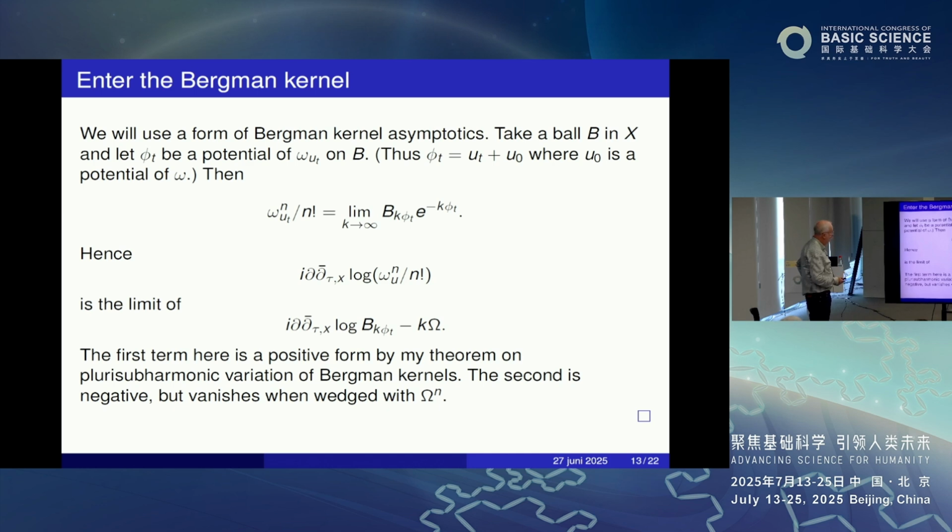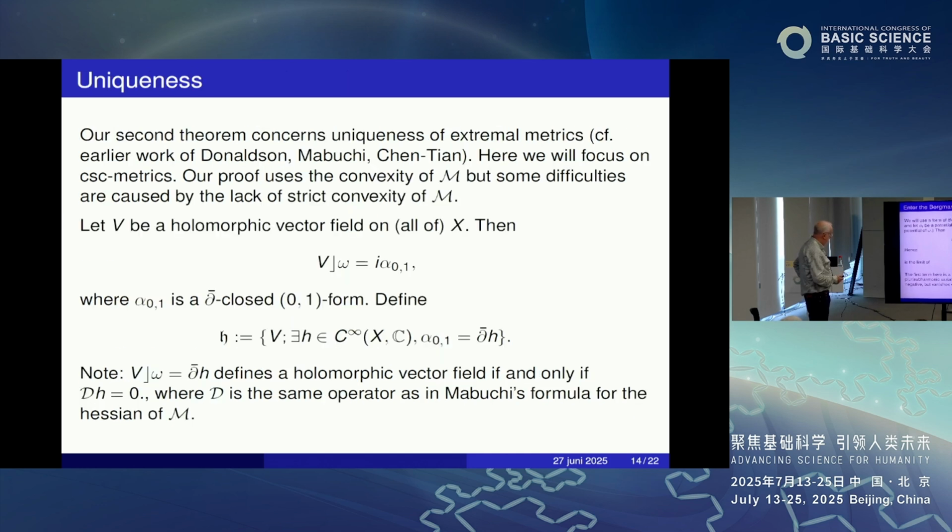Yes. So that was the first part then. Now I still have time to say a few words about uniqueness of Kähler metrics of constant scalar curvature. It's actually about extremal metrics, but I will not even define them.